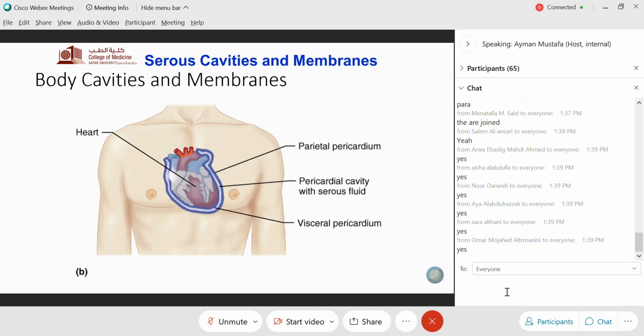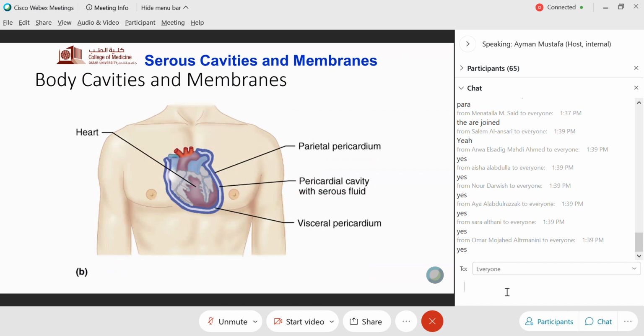So, subhanallah, we have membranes that cover these organs to decrease the friction and provide a healthy environment. And these membranes are made of epithelial tissue.